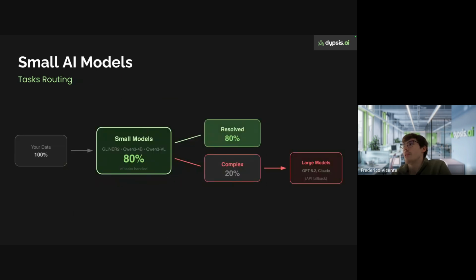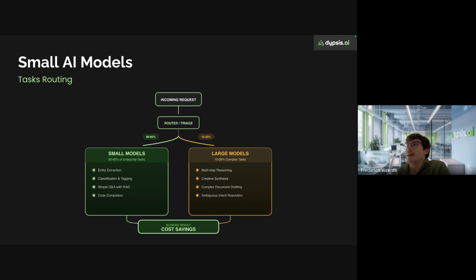However, as I was saying in the beginning, we have to understand that for some tasks small models might not yet be there to solve these problems with confidence. So we have to be smart here and have a strategy to route tasks according to the difficulty of the task.